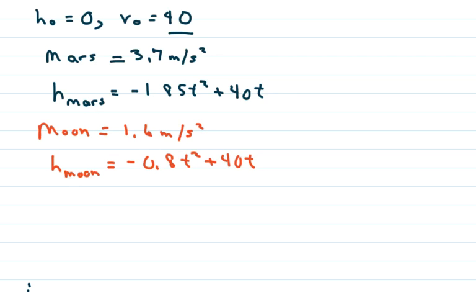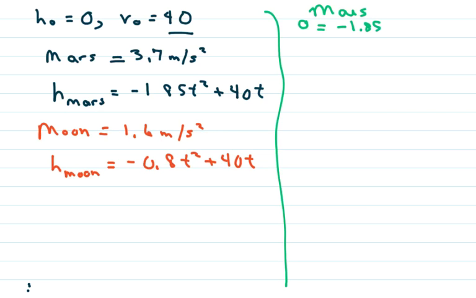So let me try to do this. I'm going to split it up. I'll do Mars first. For Mars, we have 0 equals negative 1.85t squared plus 40t. We're going to factor out the t and get t times negative 1.85t plus 40.